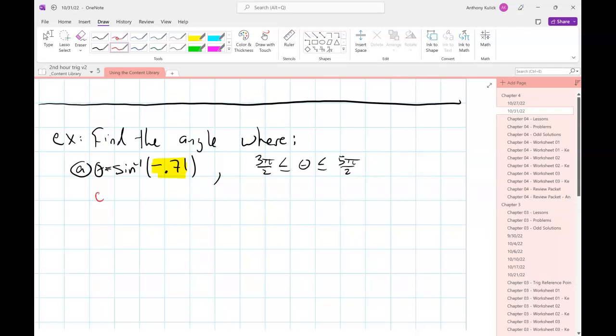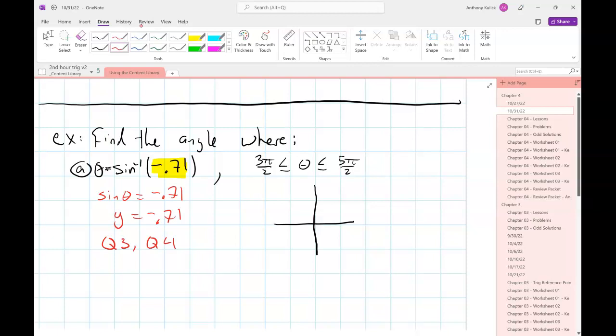Just like before, I'm going to think about this as sine theta equals negative 0.71. And just like before, I remember on the unit circle that sine theta is the same as y. So I'm looking for the places where the y coordinate is negative. That's in quadrants 3 and 4. Then I'll figure out what quadrants lie between 3 pi over 2 and 5 pi over 2.